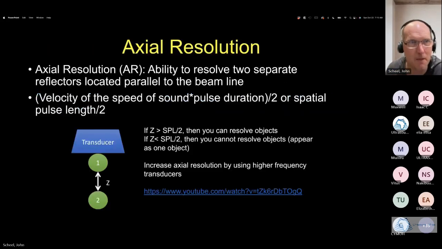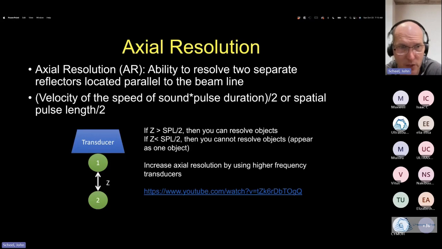There's 2 slides that are a lot of physics, and I apologize for that, but there are a couple things that I wanted you guys to learn. First is the axial resolution, or the ability to resolve 2 separate reflectors or masses or objects that are located parallel to the beam.